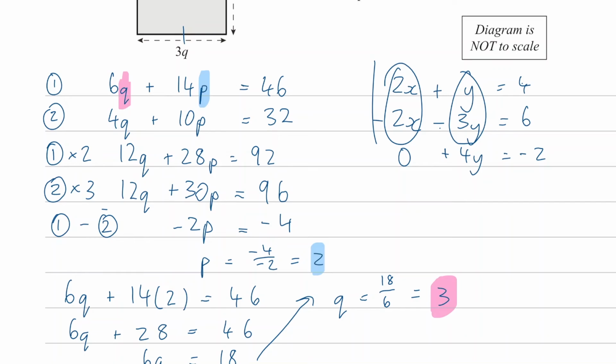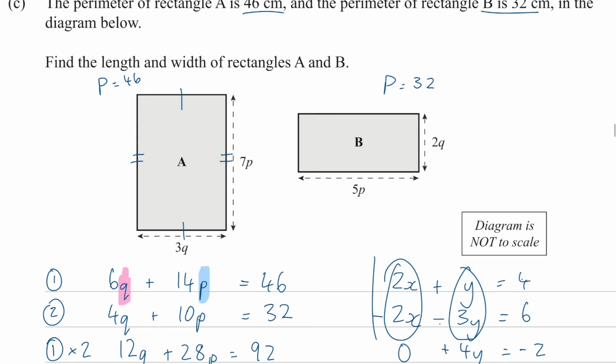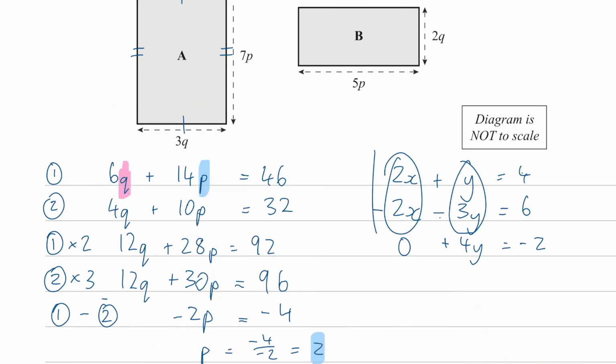Whew. That one was a bit tough. Simultaneous can take a while. I would encourage you, when you get your two equations, before you try to eliminate a variable, to think which has the lowest common factor. So in this case, we went for 12q because that was 2 times the first equation and 3 times the second.